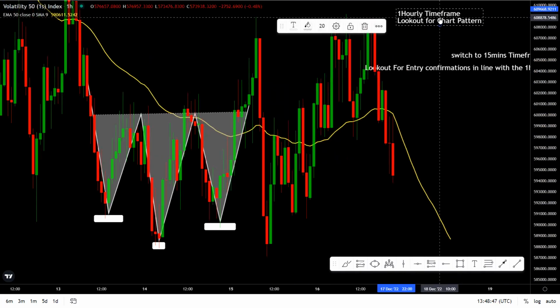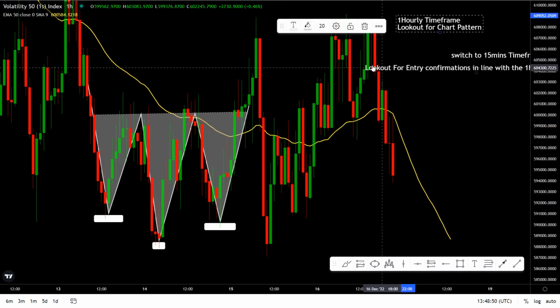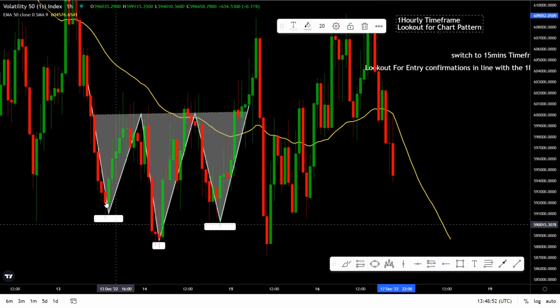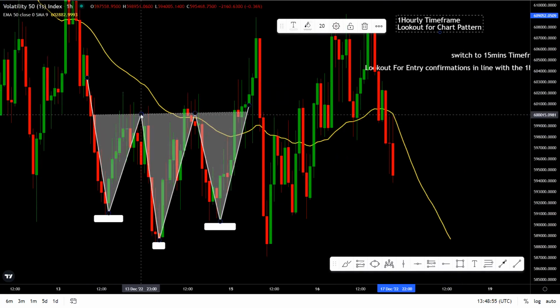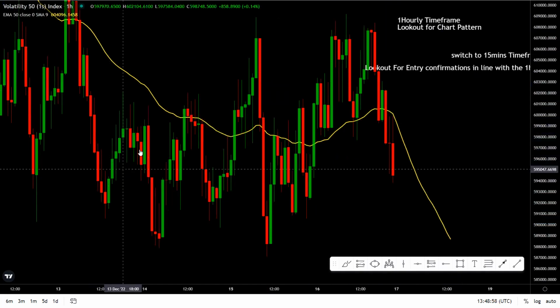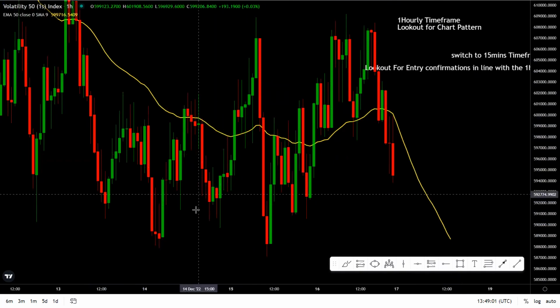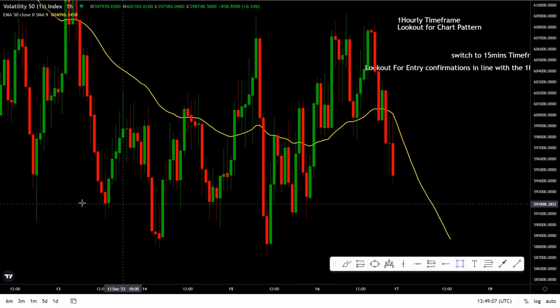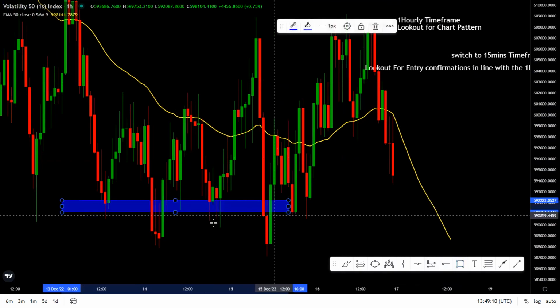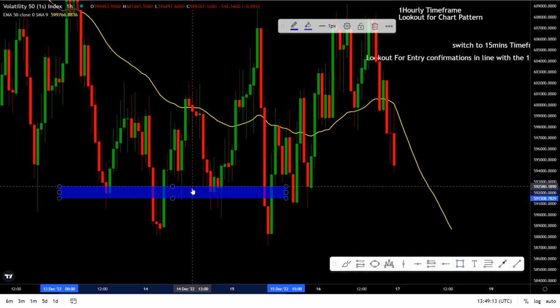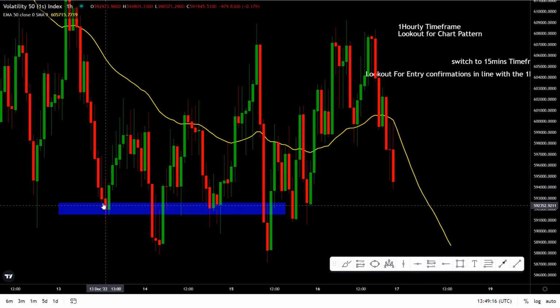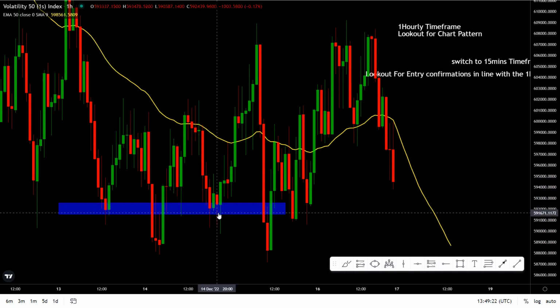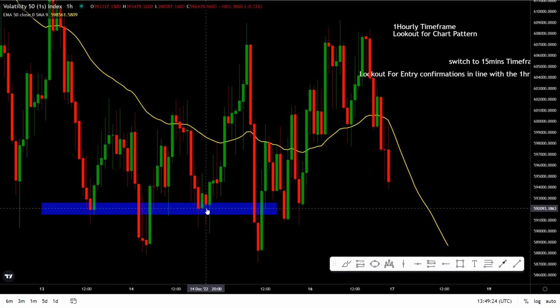Firstly, on the 1 hourly time frame, I look out for head and shoulder patterns, inverse head and shoulder patterns. Clearly, we had the left shoulder, the head, and as soon as we pointed the potential right shoulder, having noticed rejections from this level, where we rejected from when we formed the left shoulder, we had rejections off of that very level, forming the potential right shoulder.